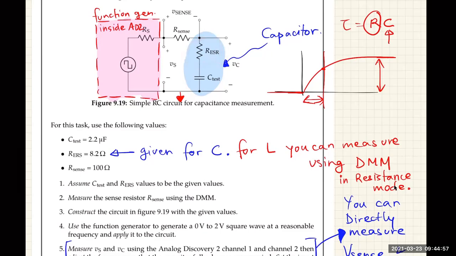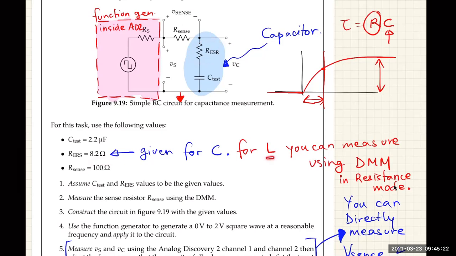So typically, we would have you measure the RESR for a capacitor using an LCR meter, but since you do not have an LCR meter, you won't be able to measure RESR. Instead, we've given you the RESR value to use.